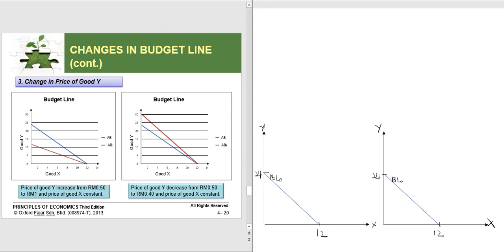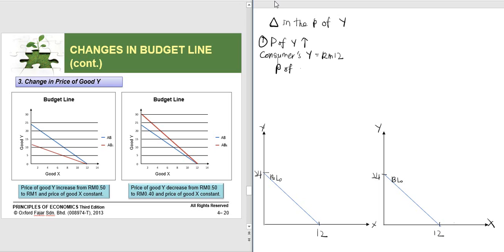Okay, now let's say there is a change in the price of good Y, assuming that the consumer's income is constant and the price of good X is constant, doesn't change. So let's say first when the price of Y increases. Assuming the consumer's income is the same, RM12, constant.